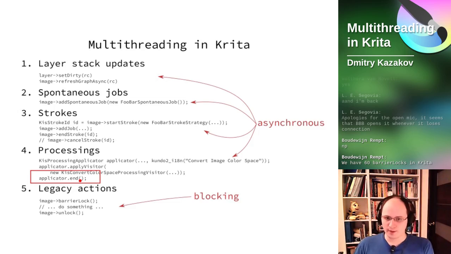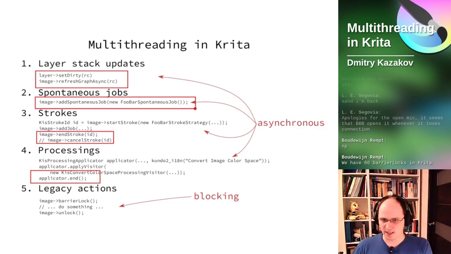If you want to ensure that your action has been completed, for example, if you are writing Python API, our Python API is synchronous, so after every end stroke, applicator end, or after every setDirty or add spontaneous job, you have to add, I think I can write here, image wait for done.